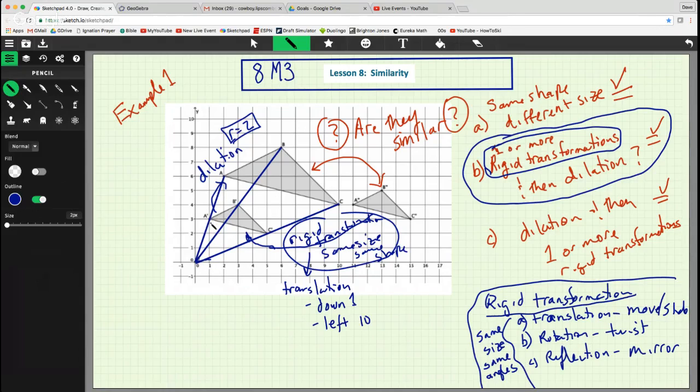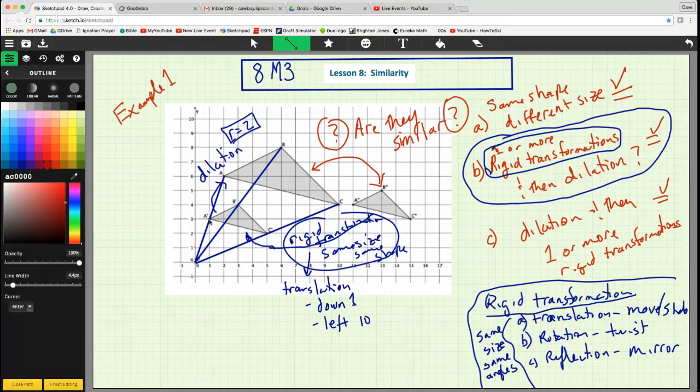So for those of you who recall how to do that with triangles, I'll just do it real quick. We have a triangle here, and then we have a triangle here. And this side of the triangle is 1, and this side we've doubled it to 2, and this side of the triangle is 3, and we've doubled it to 6. So indeed, we have done a 2 times dilation.